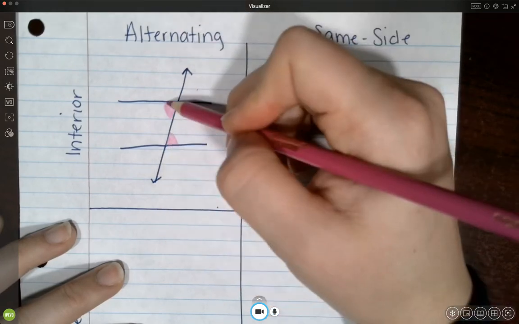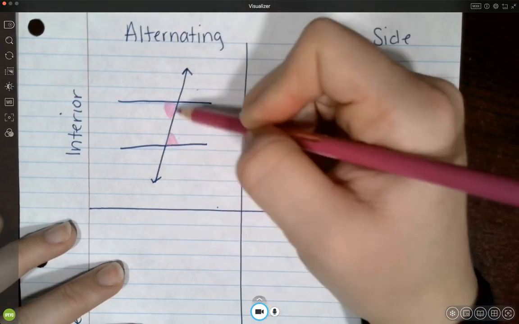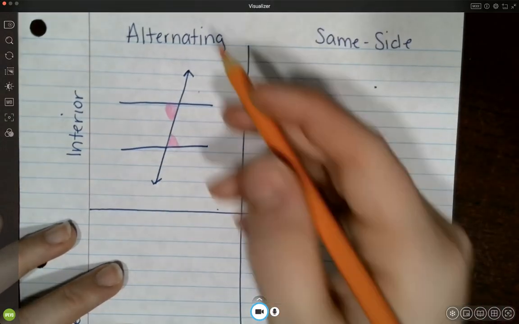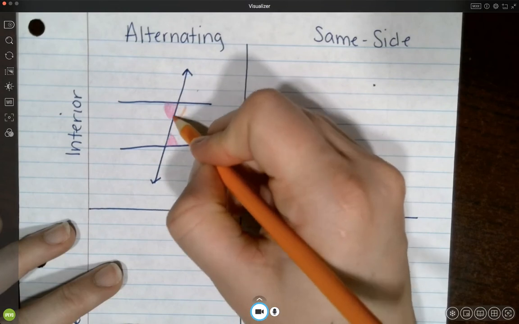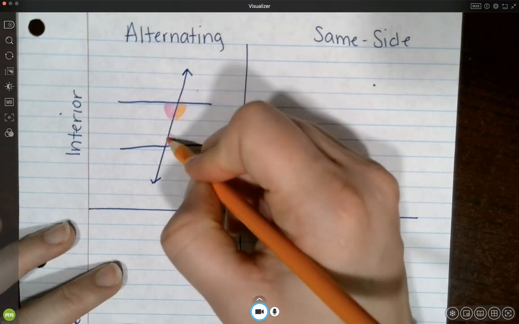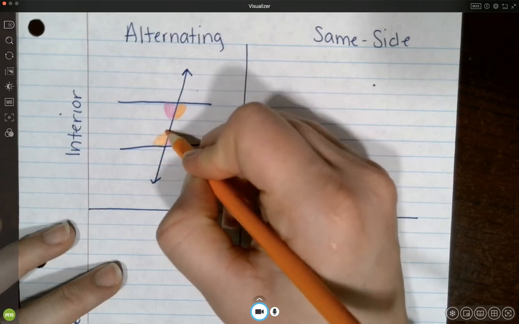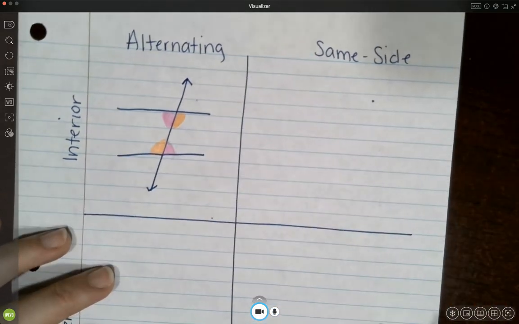They are on opposite sides of the transversal and they are inside. We have another pairing next door that would also be an option. So alternating interior.